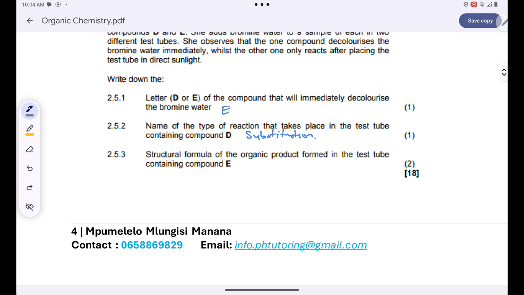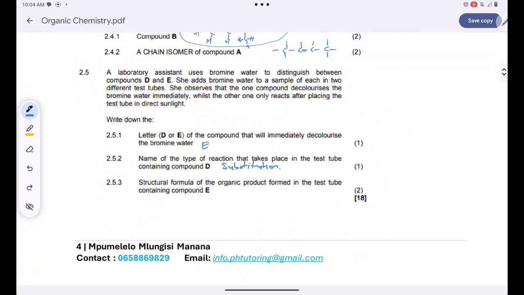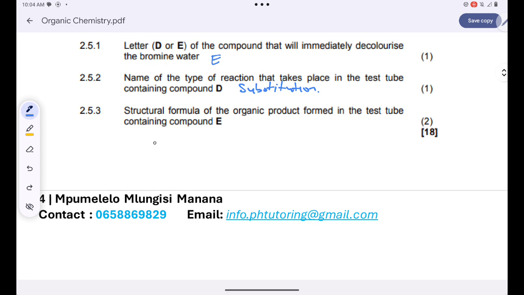Write down the structural formula of the organic product formed in the test tube containing compound E. What is compound E? It's but-2-ene. So what will happen here is that whenever we add in bromine water, we will just separate these bonds.